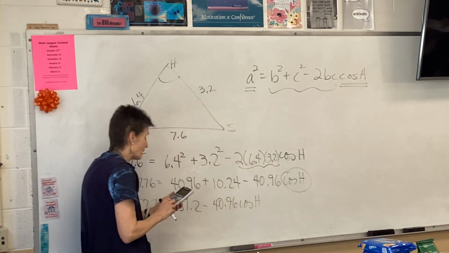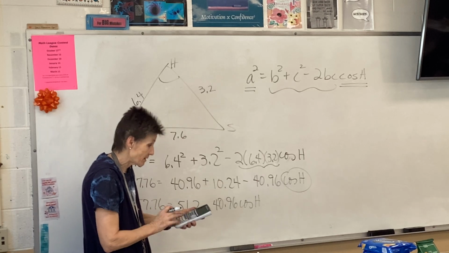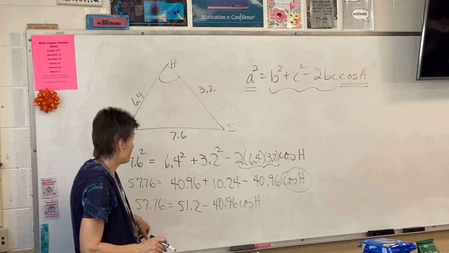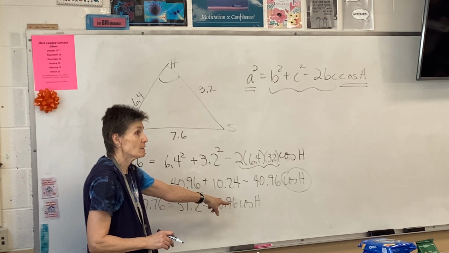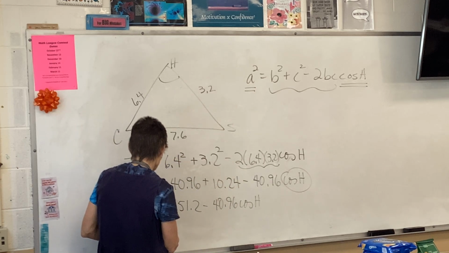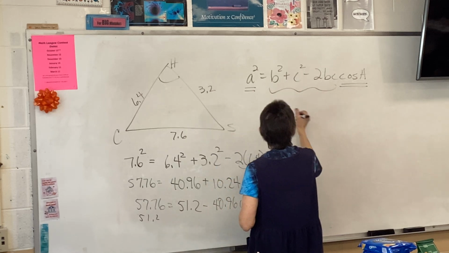Subtract the 51.2 over. So remember, he's right, I hate to admit it, he's right. We're gonna subtract this 51.2 over because we're solving for cosine. So what do I get when I subtract 51.2? 6.56, check my math.